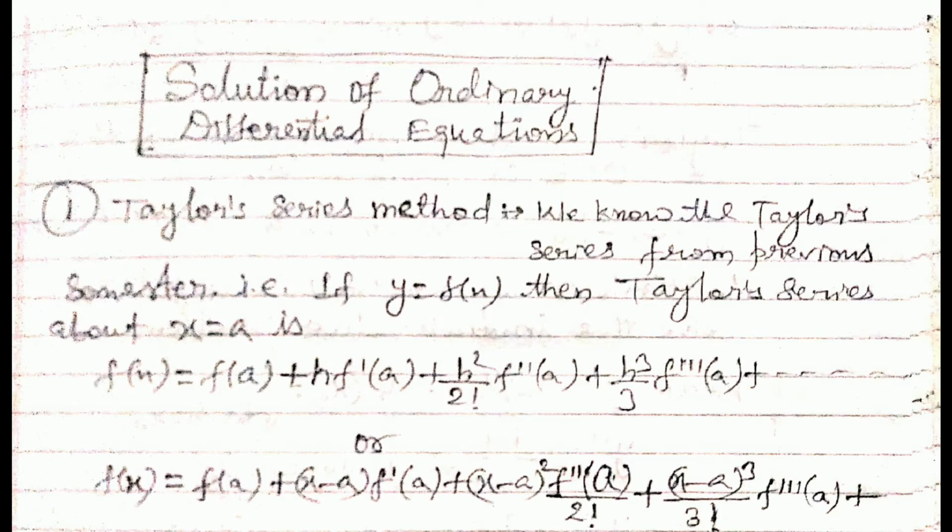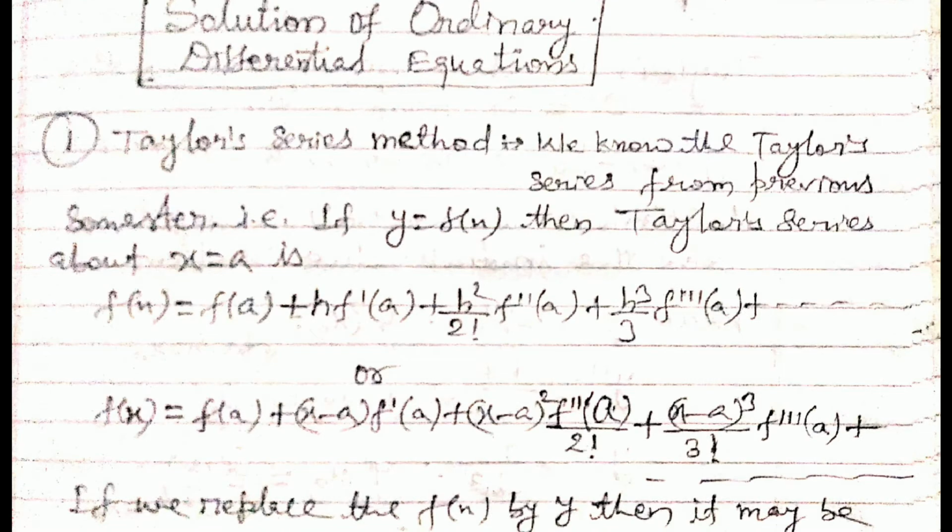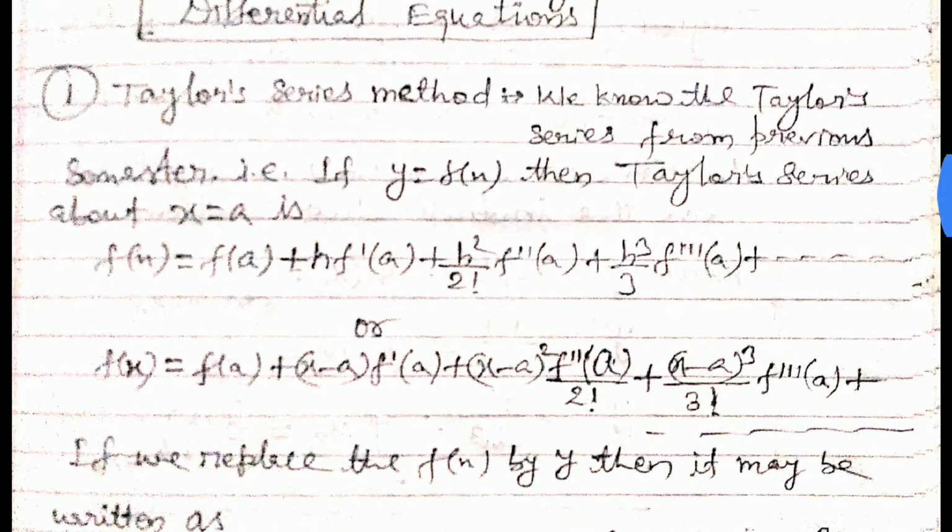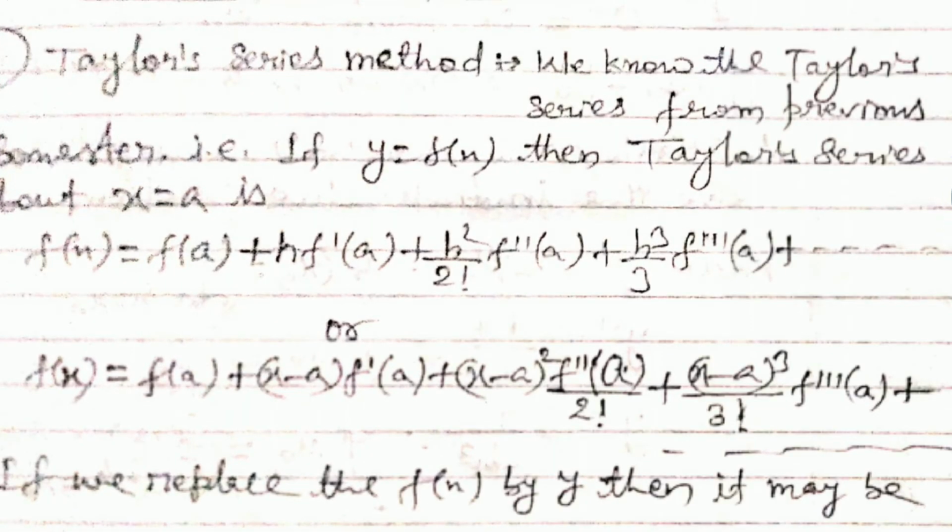If y is equal to f(x) is a function, and we have to find the Taylor series of this function f(x) about a particular point, and suppose x is equal to a is that particular point, then the Taylor series is f(x) is equal to f(a) plus h times the first derivative plus h square by factorial 2 times the second derivative plus h cube by factorial 3 times the third derivative, and so on.